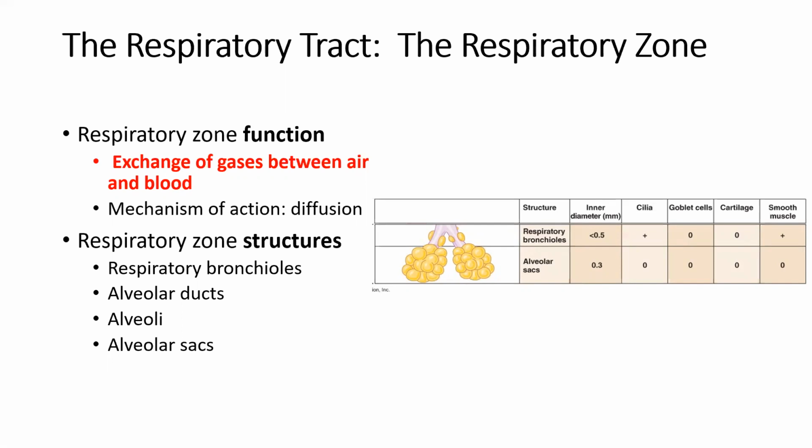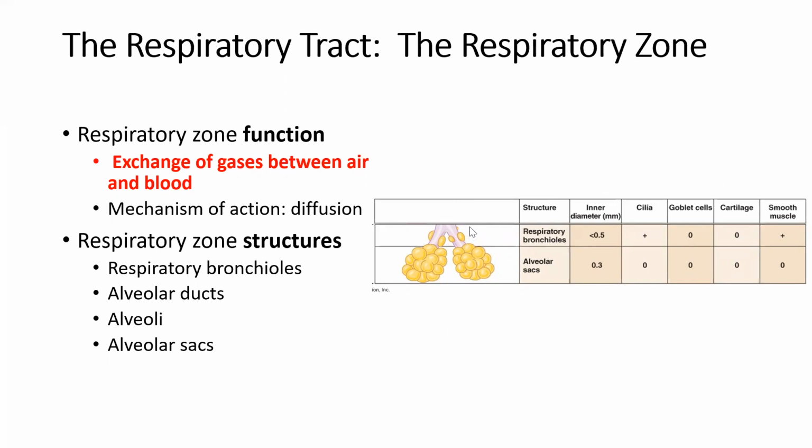Some of the structures here in the respiratory zone are the respiratory bronchioles. We've also got the alveolar ducts, the alveoli themselves, and then the alveoli actually form into these clusters that are called alveolar sacs, okay? And just to point out a really important difference between the terminal bronchiole, which is part of the conducting zone, and the respiratory bronchioles, which are part of the respiratory zone, is that the respiratory bronchioles are sometimes studded with alveoli themselves, okay?